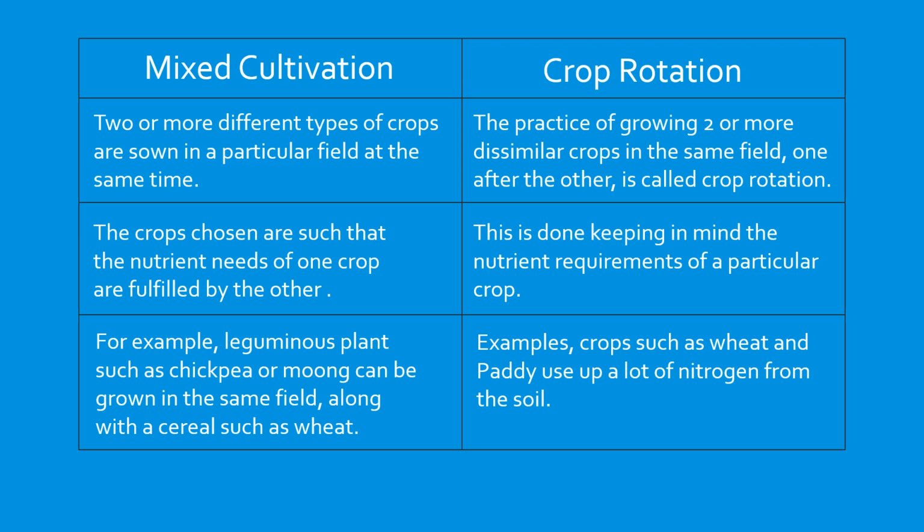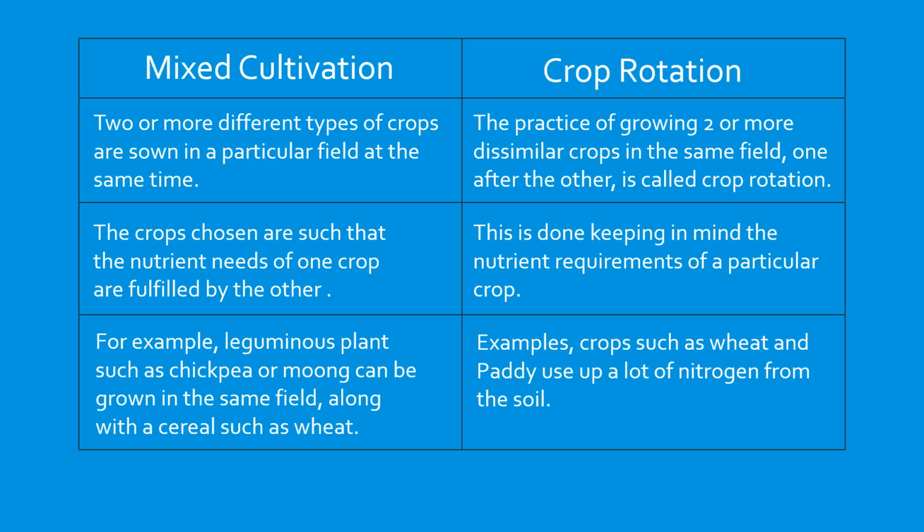But in crop rotation, they take two or more dissimilar crops in the same field, one after the other. In mixed cultivation, they mix all the crops and grow them. But in crop rotation, it is one after the other.